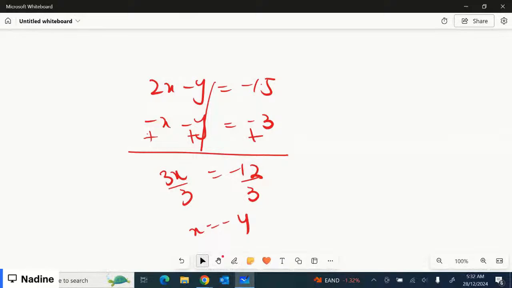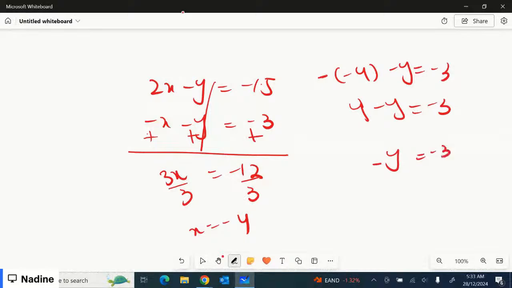Now we have the value of one of the variables. So now use equation number 2: negative 4 minus y equals negative 3. That is 4 minus y equals negative 3.